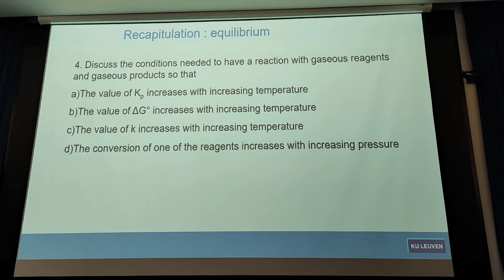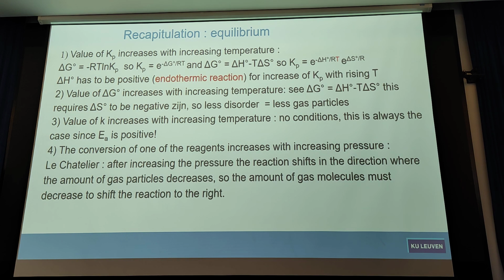So if you want the increase of pressure to move to the products, it means the products should have fewer particles. So the amount of gas molecules in the products should be less than in the reagents. So when you move from the left to the right, you should move to the least particles. So in that case, your pressure will have a positive effect on the conversion.